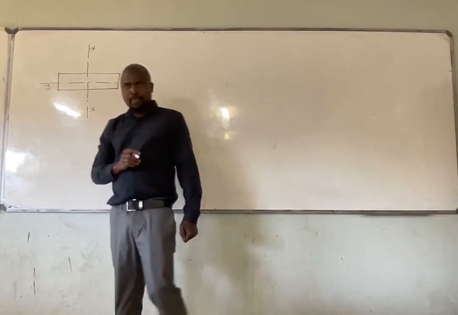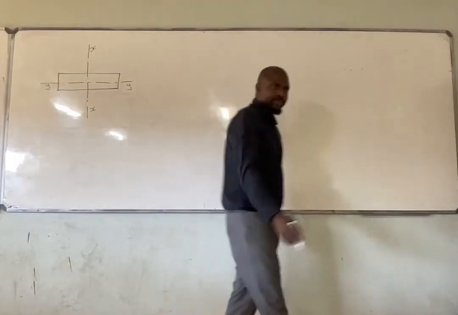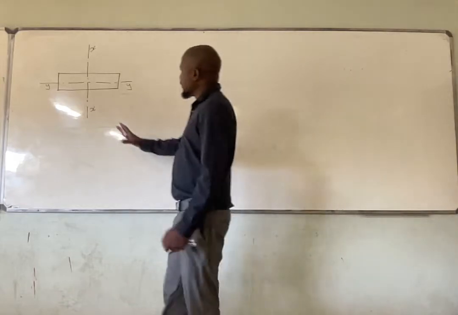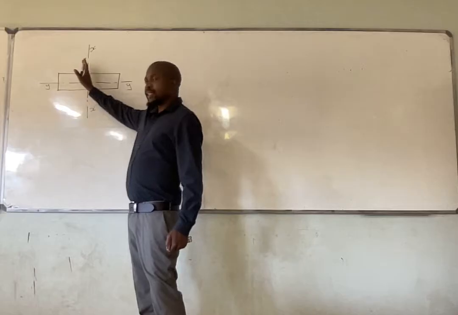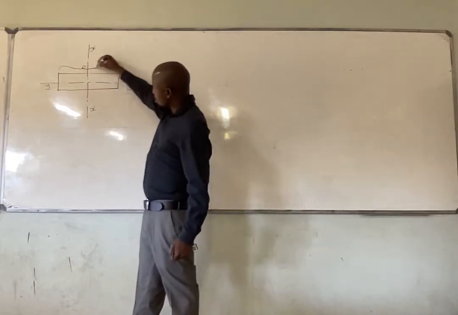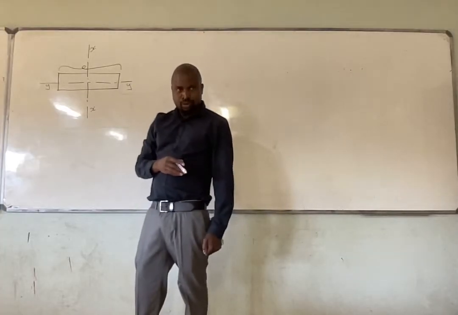Why so? X is perpendicular to the side. Yes. The IXX, or the XX axis, must always be perpendicular to the longest side so that it can be a little bit stronger.